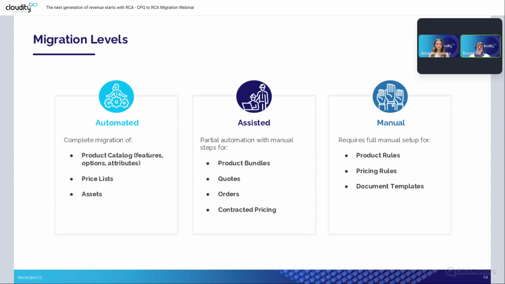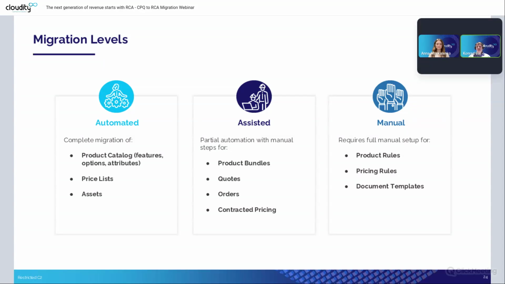And the manual. In general, right now, there is no tool which can support you, because there are differences in that approach. For example, the product rules and pricing rules in CPQ. These are unique features which influence your product behavior and pricing. Right now in RCA they were replaced by the product catalog management features and also pricing procedures.